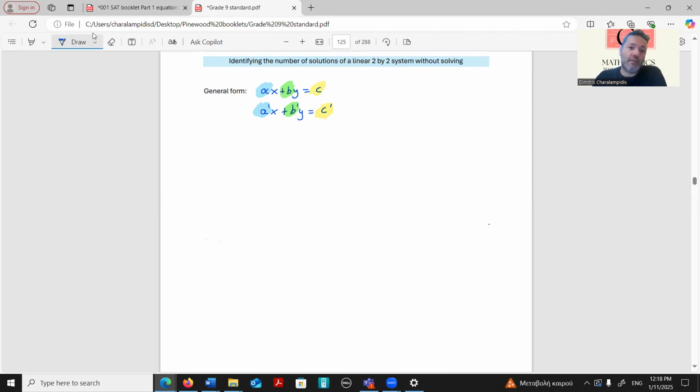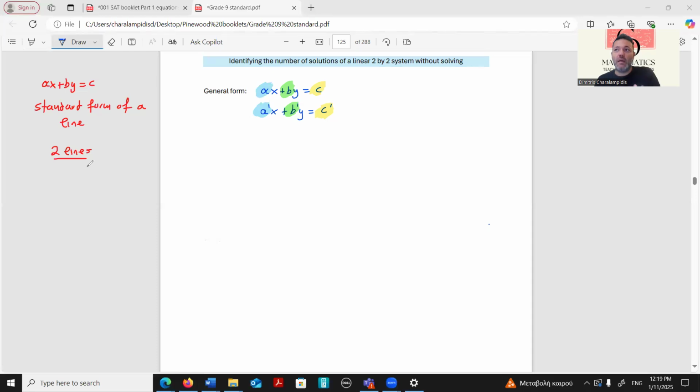We know that any form ax plus by equals c is basically the standard form of a line. So here, in such a system, we have two lines. A solution to a system is the point, the pair of numbers x and y, that satisfies them both.